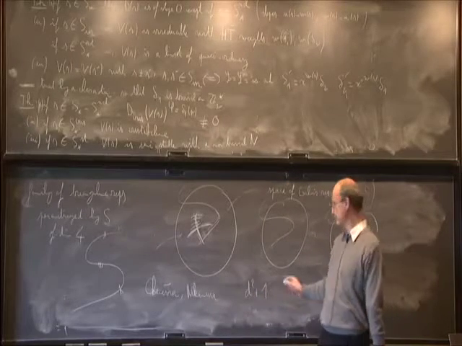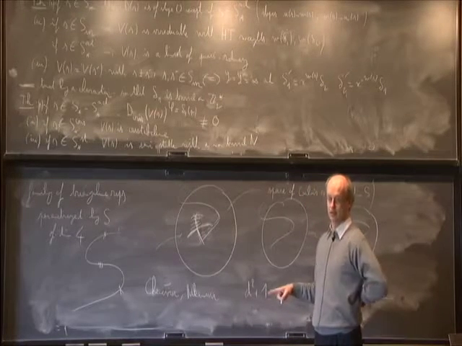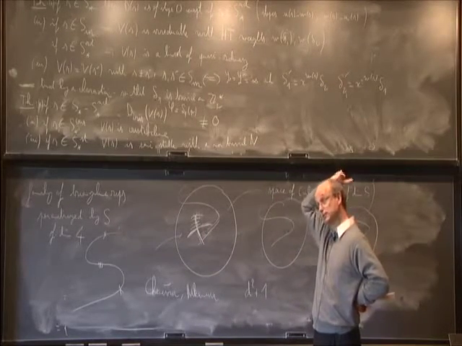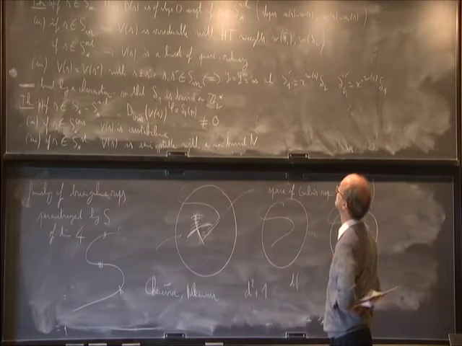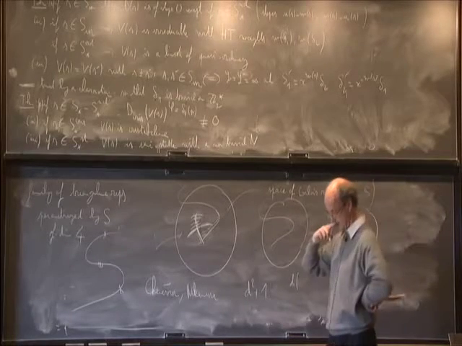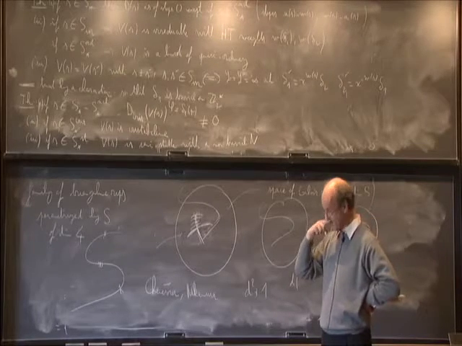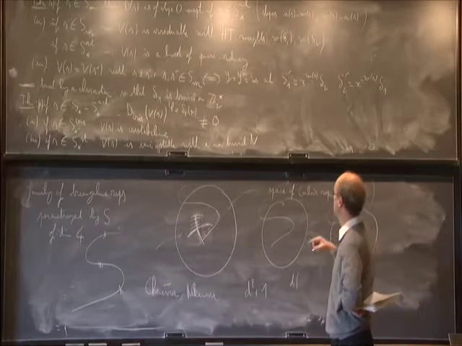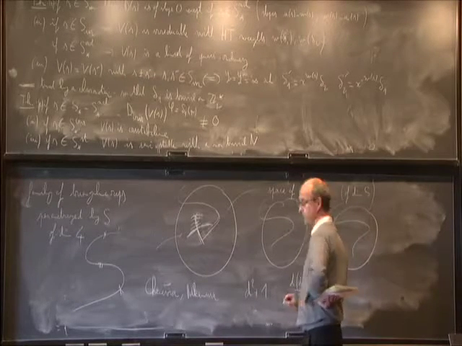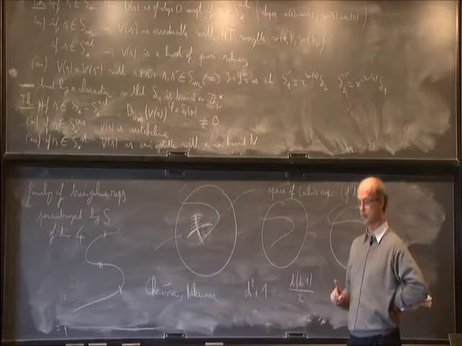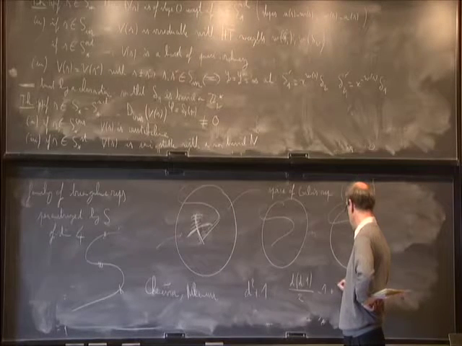Okay, but the space of trianguline is d minus 1 over 2, that's the extension plus 2d.